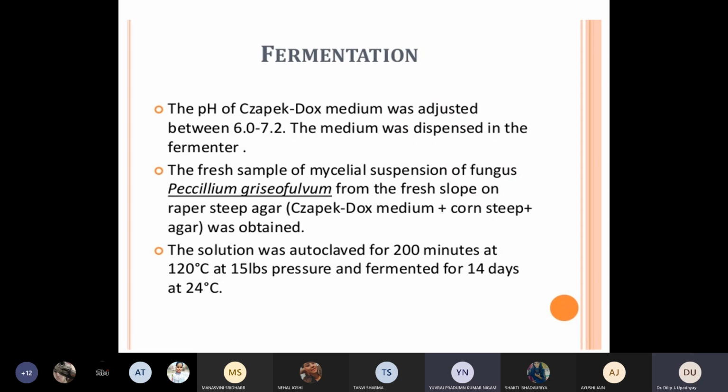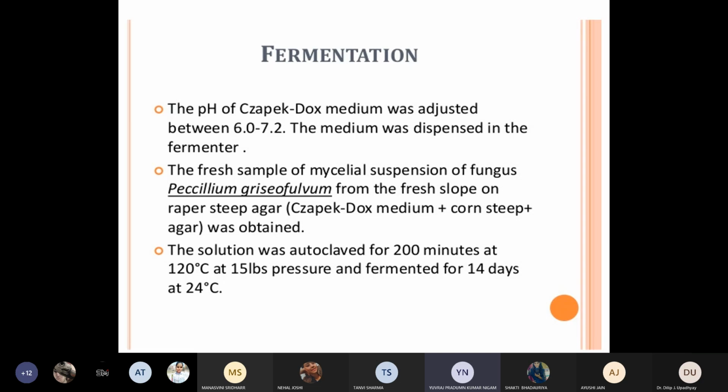Fermentation. The pH of Czapek Dox medium was adjusted between 6 to 7.2. The medium was dispensed in the fermenter. The fresh sample of mycelial suspension of the fungus Penicillium chrysogenum, from a fresh slope of corn steep agar, that is Czapek Dox medium plus corn steep plus agar, was obtained.